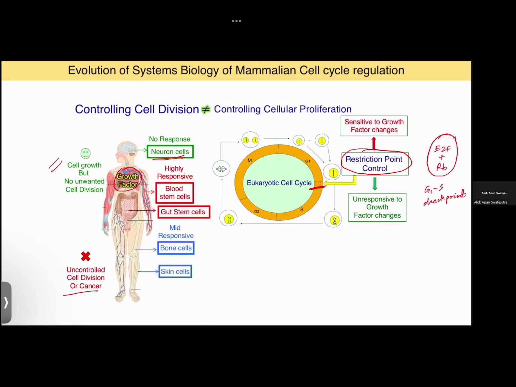And the combination of these two and their corresponding signal actually decides whether the cell should be unresponsive to your growth factor signal or it should be sensitive and start responding.